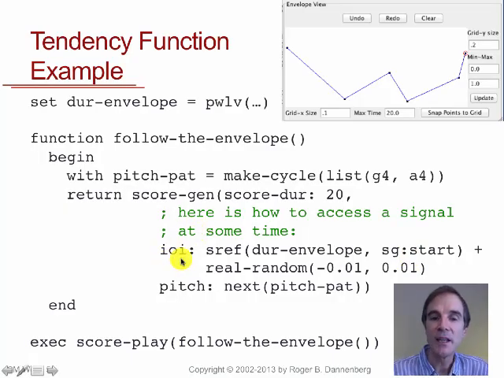So what we're saying here is that the inter-onset interval at this point in time is going to be taken from the envelope, and we're going to add a little bit of randomness to that, just for whatever reason. And let's play what this sounds like. You should be able to follow the duration by looking at this picture, which is graphing the envelope.